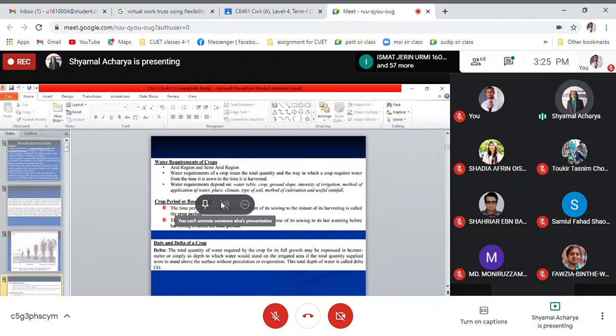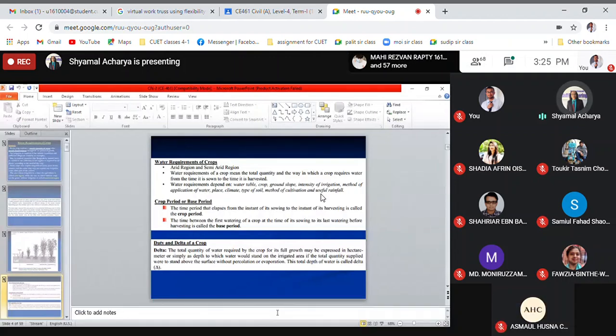From the previous picture, if I want to summarize to explain this, I can say it this way. Initially, you are applying 100 millimeter. Then 30 millimeter, 30, 30, 30 millimeter, four times. So 100 plus 30 plus 30 plus 30 plus 30 is 220 millimeter.